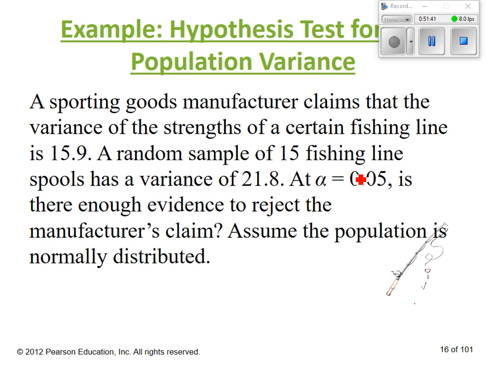Chi-squared, DF is 14, so 14 times our S squared. What was our S squared this time? Did they tell us the S squared this time? 21.8. Do we have to square it? No, because this is the variance, right? So it's already squared.